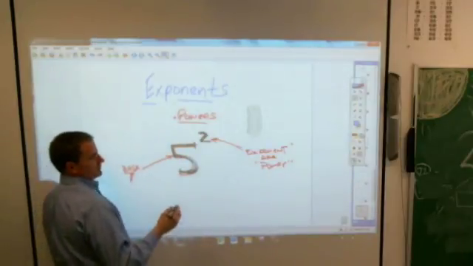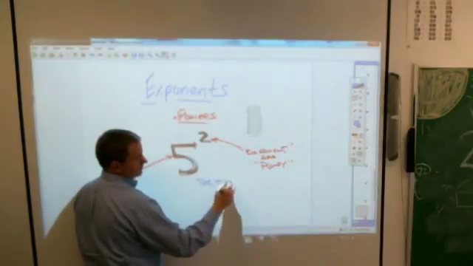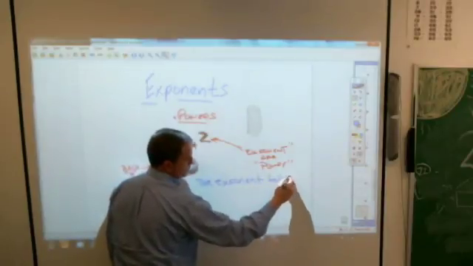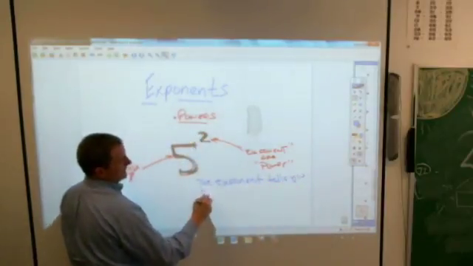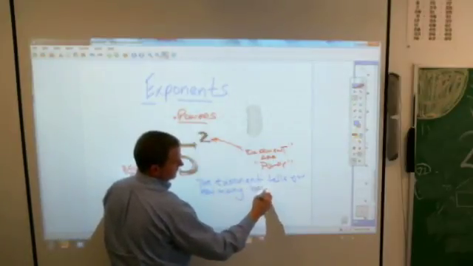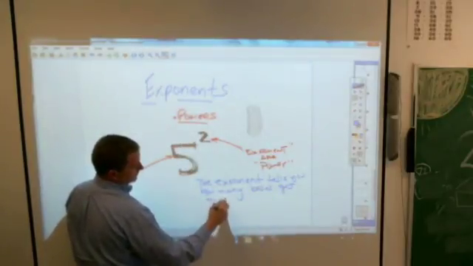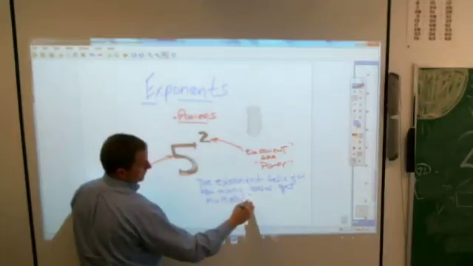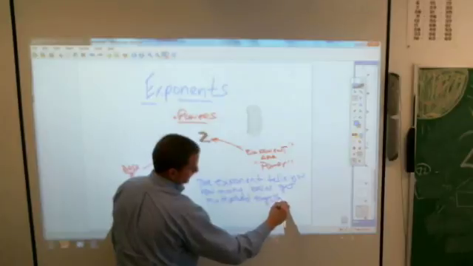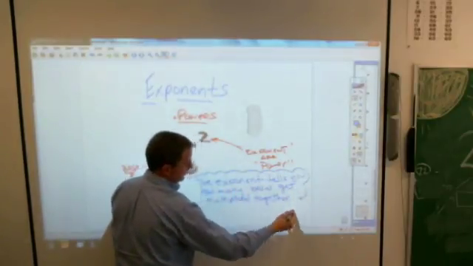The exponent tells you how many bases get multiplied together. Not added together, but multiplied together.